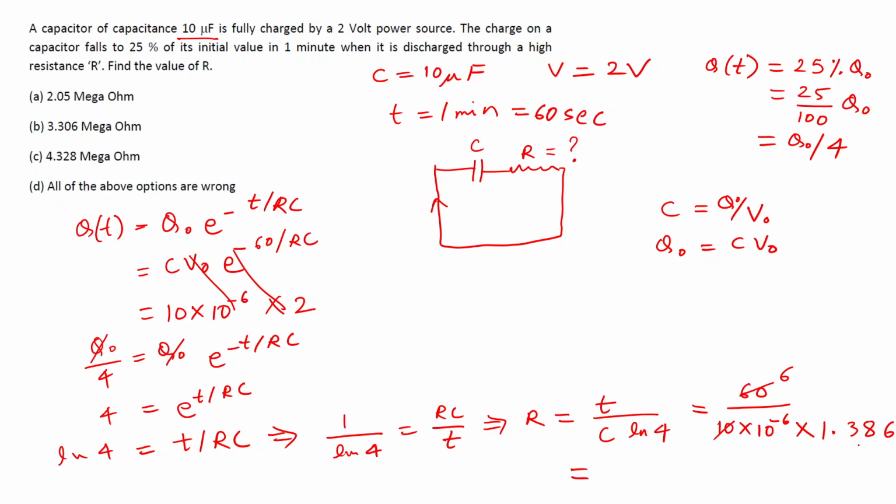This will give 6 divided by 1.386 is 4.329, and in the denominator this power of minus 6 will come up and become 10 to the power 6. So resistance is in mega ohms. This is 4.329, 10 to the power 6 is mega. So this is 4.329 mega ohms. The correct answer is C.